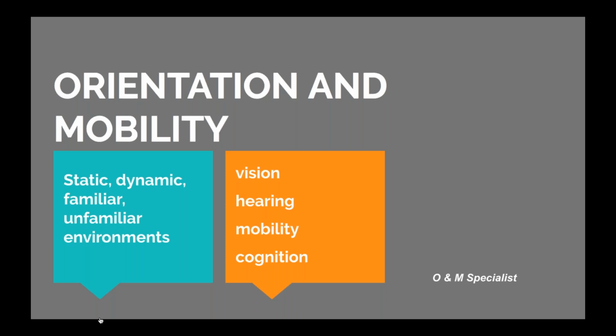They should also be done in conjunction with the teacher of the visually impaired, the hearing specialist, the physical therapist assessing mobility, and the school psych who is assessing cognition, because all of these things can affect how a child orients and moves throughout their environment.